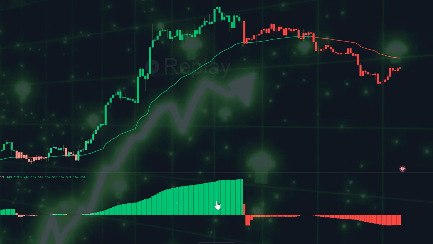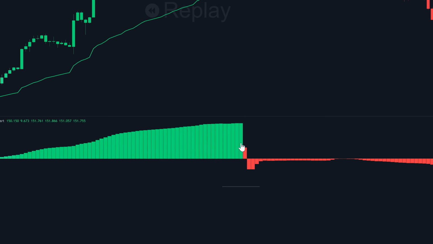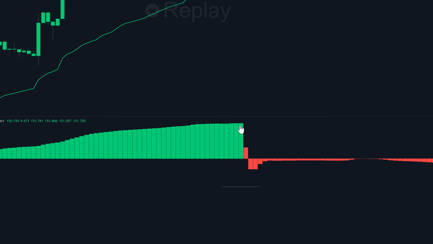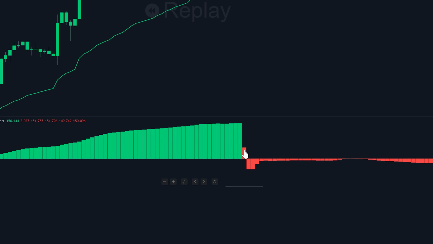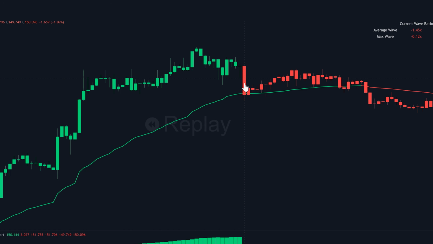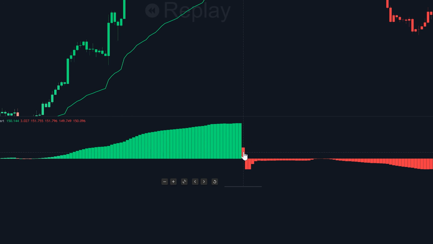Let's say you're in a strong uptrend. The histogram bars are tall and green, showing strong momentum. Then suddenly, you see a histogram bar that is significantly smaller than the previous one. That's your early warning. It suggests that the upward momentum is fading fast, and maybe the smart money is thinking about taking profits. The confirmation, according to the strategy, comes if the very next bar actually flips color.